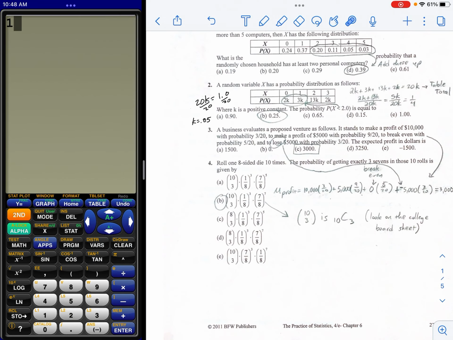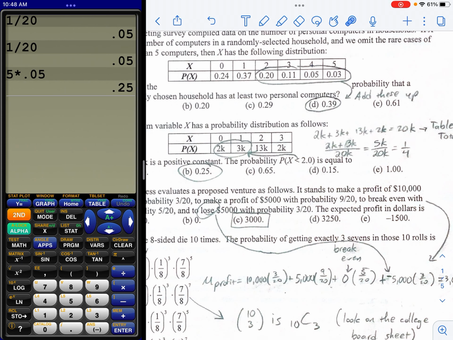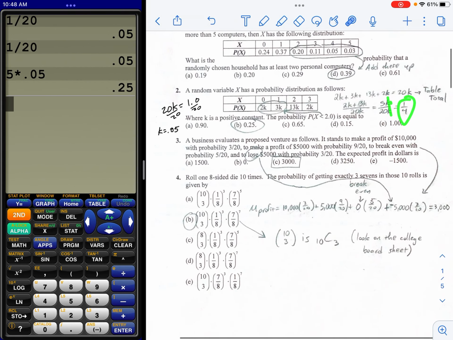So 1 divided by 20, that's where K comes from. And then there's 5Ks, so 0.25. I kind of showed it a little bit different here. I did that 5K is what we have out of the table total of 20K. And so that reduces to a fourth because the K's cancel. That's another way to think about it.